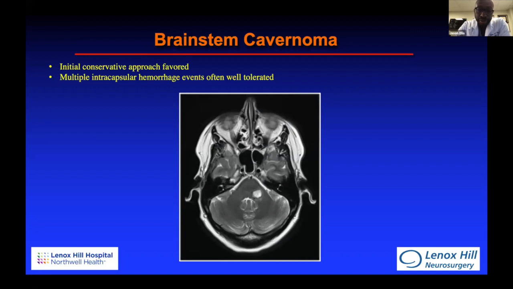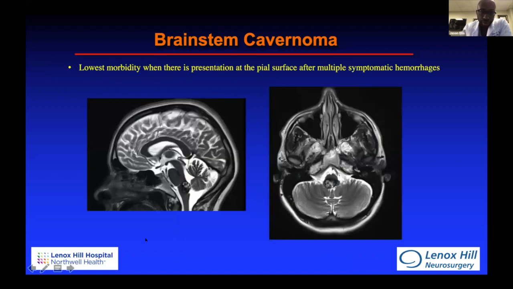However, if there's a hemorrhage that protrudes out of the capsule and comes to an ependymal, or the brainstem surface, we're more likely to try to remove it. We don't like to go through actual brainstem tissue, such as in this direction. But if the cavernoma really comes to the edge of the ependymal surface here, that gives us a nice avenue for resecting it.